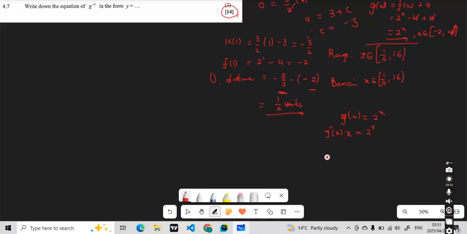So the inverse of x is equal to log base 2 of x. Remember to write your domain, which is where this graph exists: 1/4 to 16.